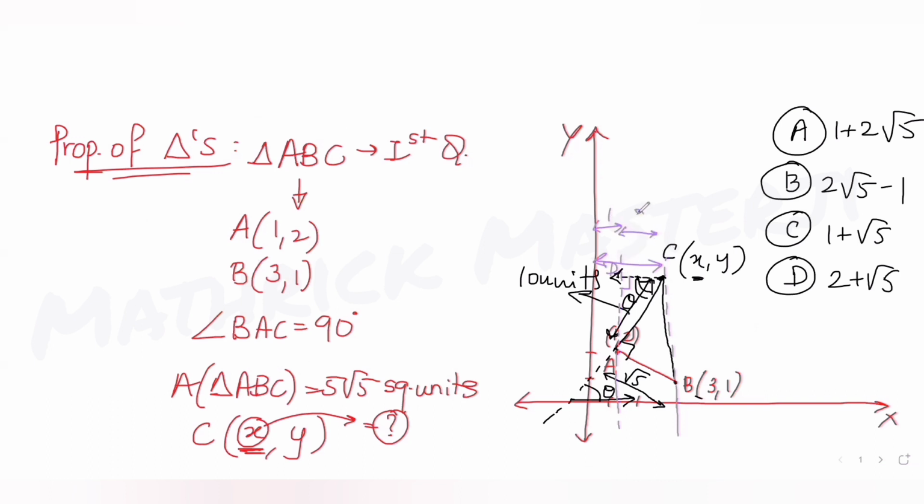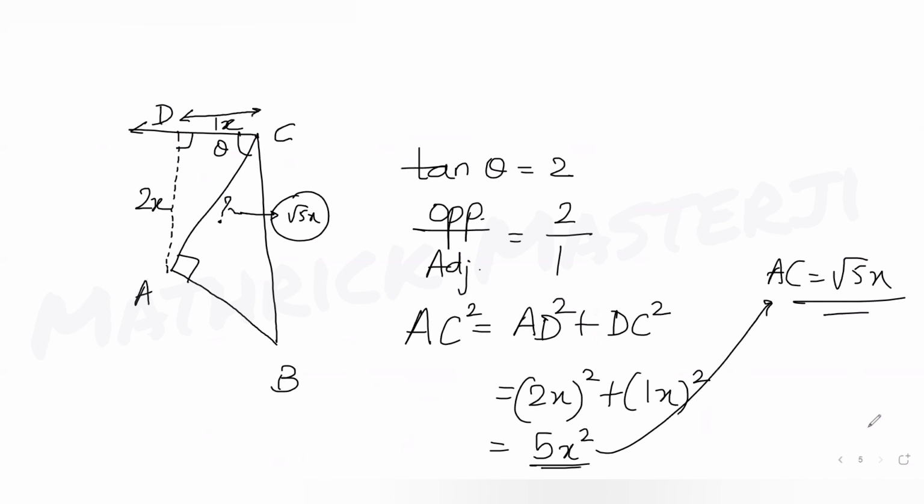So I get 1 plus DC is nothing but the value of the x coordinate. So if I find DC with the help of this, I know now AC is root 5 times x. From here, if I want to find DC, AC is also, we know, equal to 10.